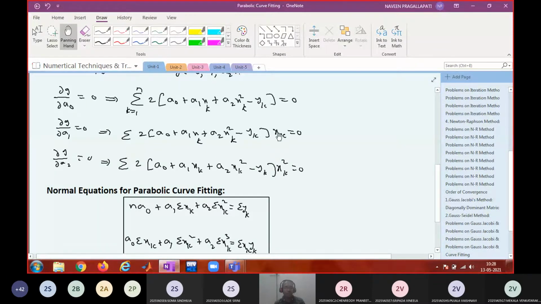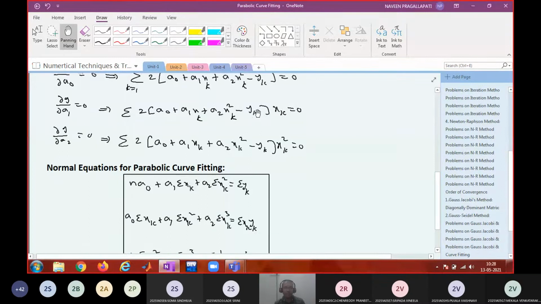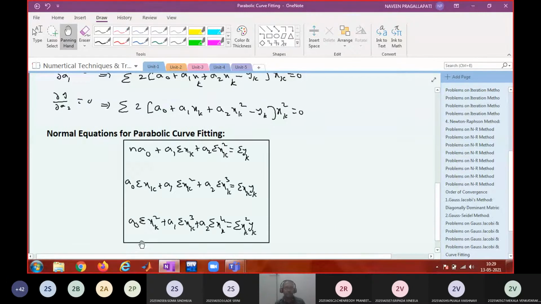Again, multiplying with xk: a0 into sigma xk plus a1 into sigma xk square plus a2 into sigma xk cube equal to sigma xk yk. Again: a0 into sigma xk square plus a1 into sigma xk cube plus a2 into sigma xk power 4 equal to sigma xk square yk.